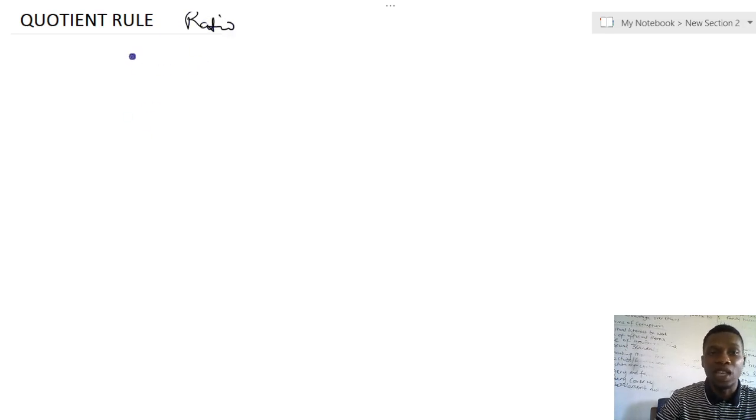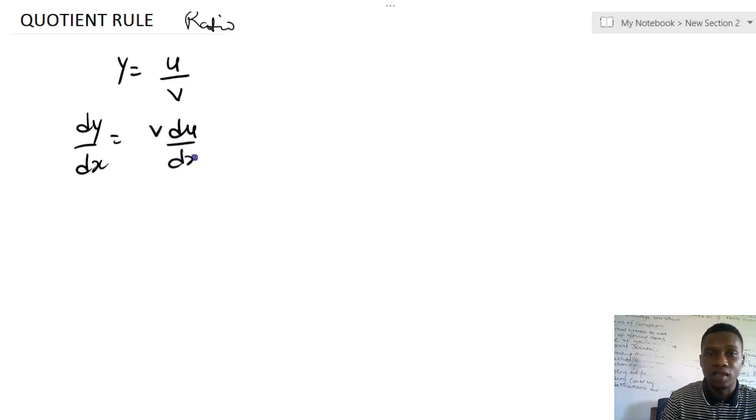So if you're given a function y is equal to, let's call it, a particular u over a particular v, and you're asked to find the derivative of this function, then your derivative dy dx will be equal to what? v du dx minus u dv dx, all over v squared.